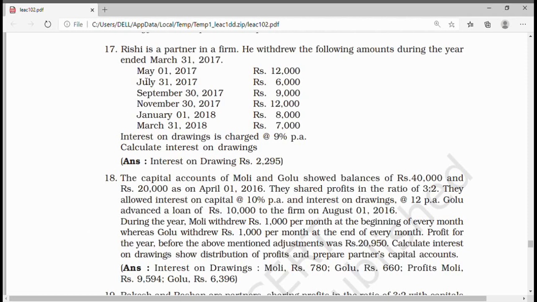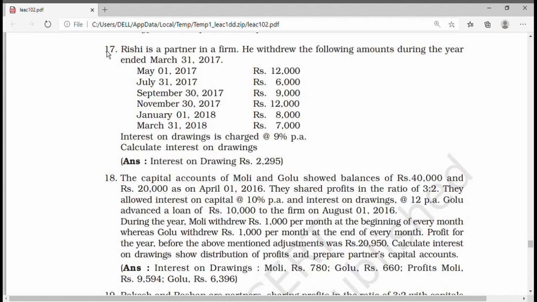Please solve questions up to 17. You have to follow the product method here, and then solve question number 18. In 18 you have to make all those things, that is the profit and loss appropriation account, partners' capital accounts, and interest on drawings.